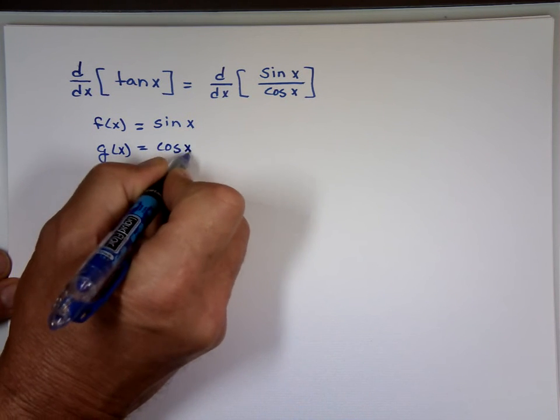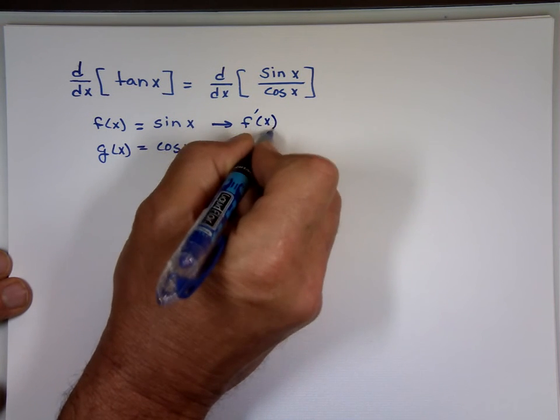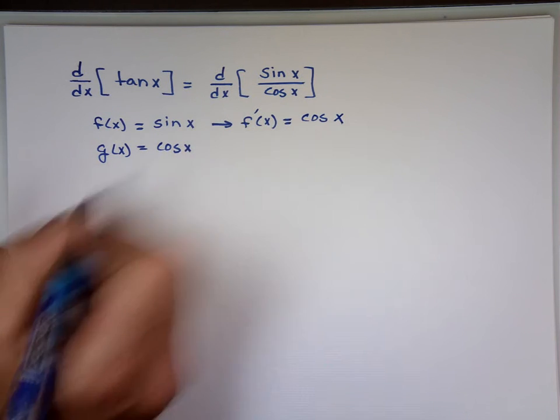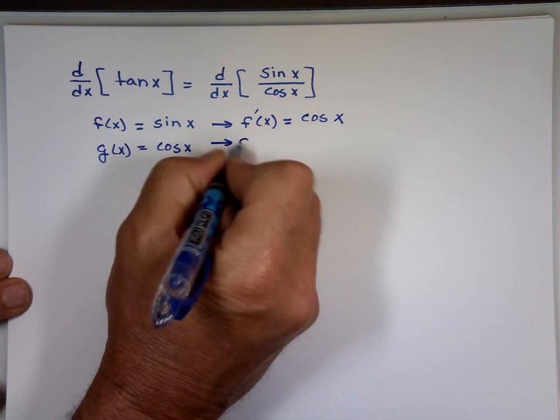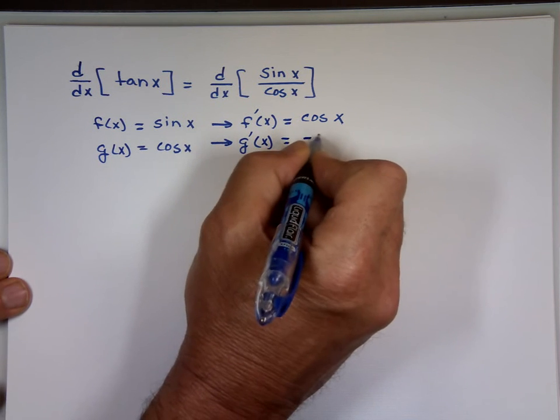The derivative of the high, or f of x, the derivative of sine of x, we said is what? Cosine of x. And the derivative of the cosine of x is what? Negative sine of x.